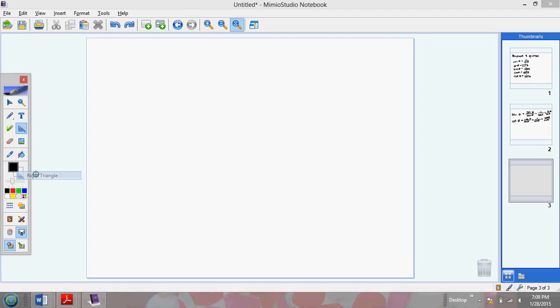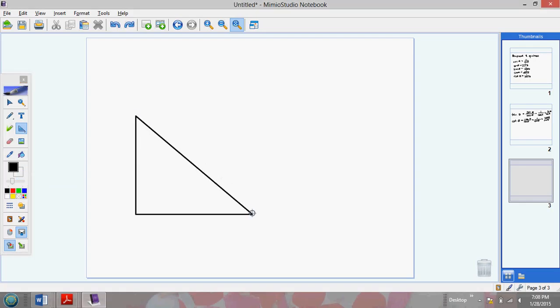There's my shapes. Yes, right triangle. All right, so here's a right triangle.